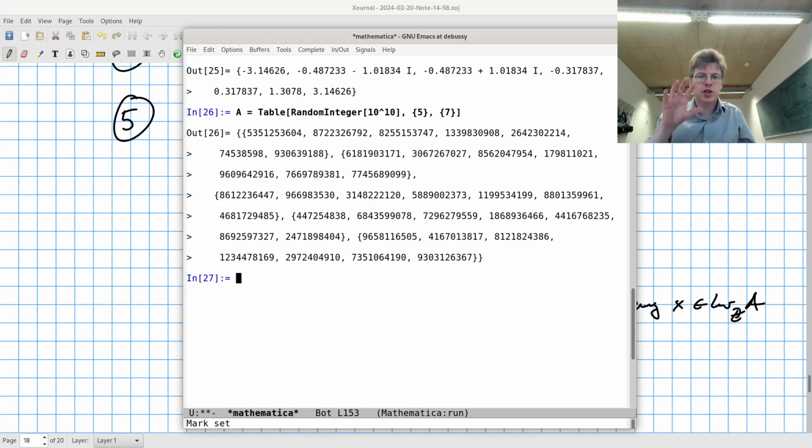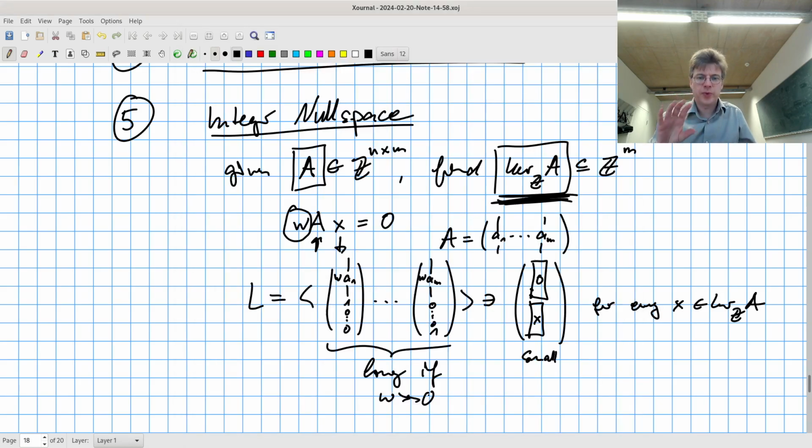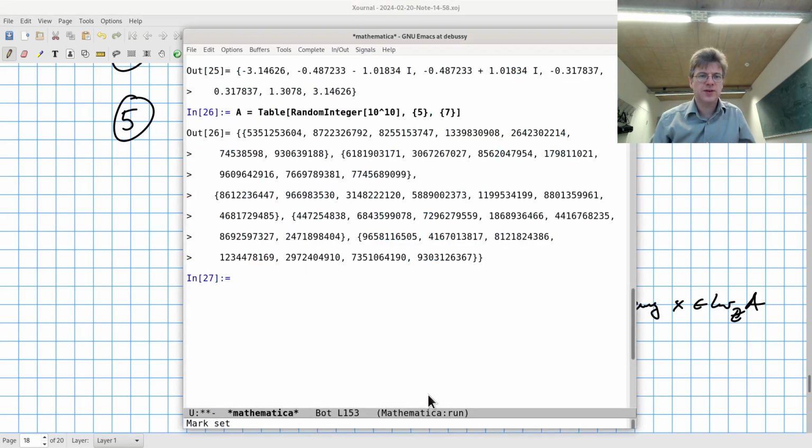I have to attach the identity matrix at the bottom of the matrix. So this means I have to transpose A, join identity matrix 7 and then transpose again. Is that it? No.